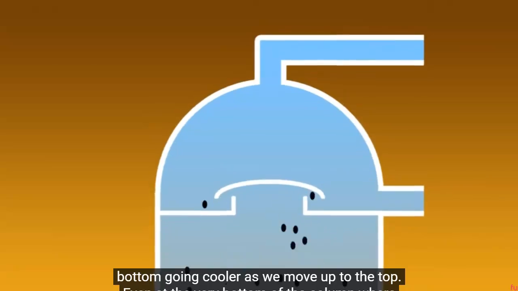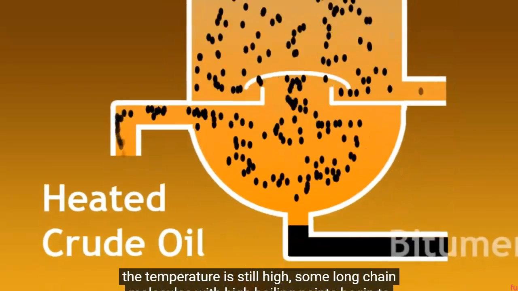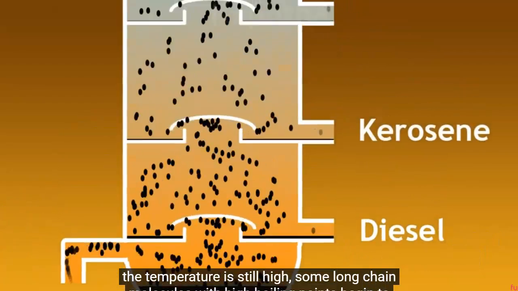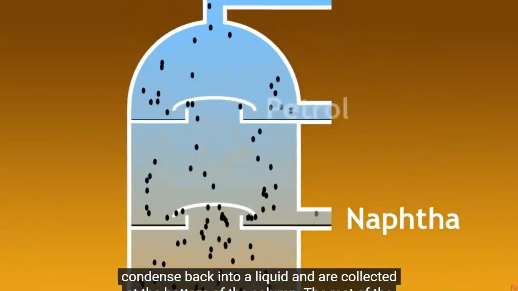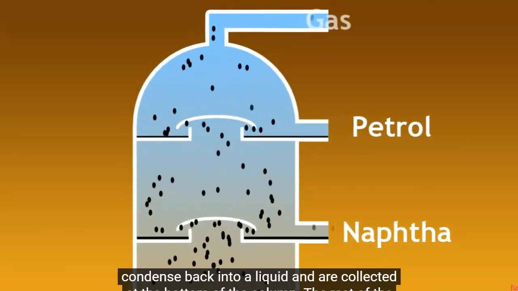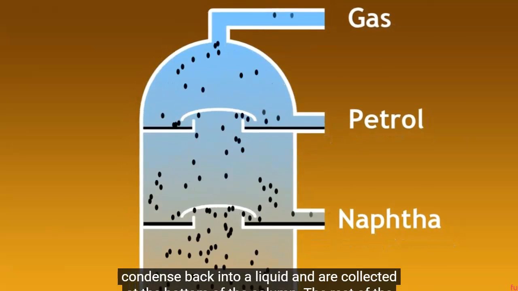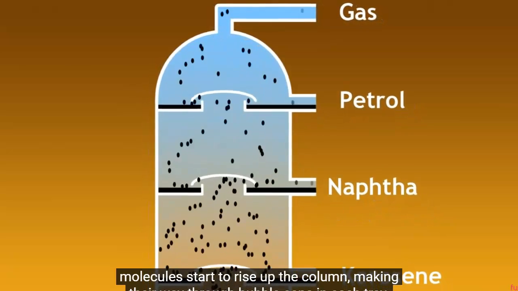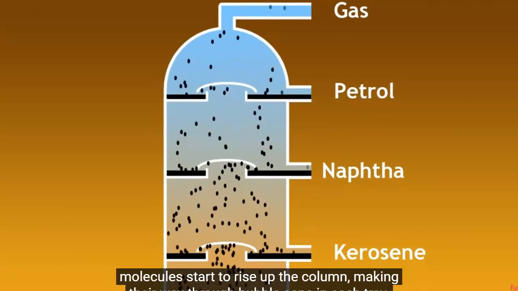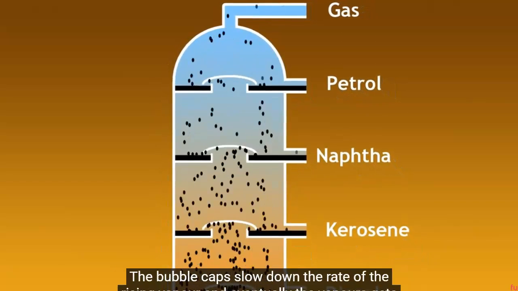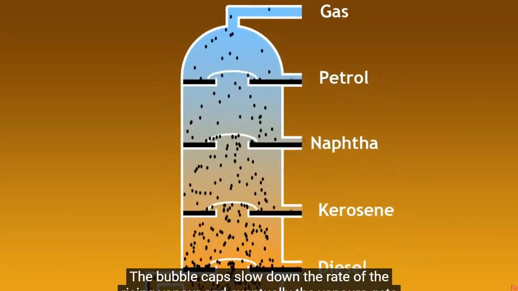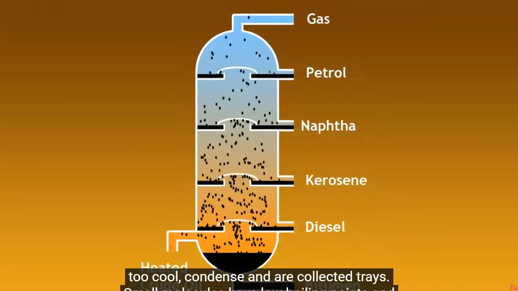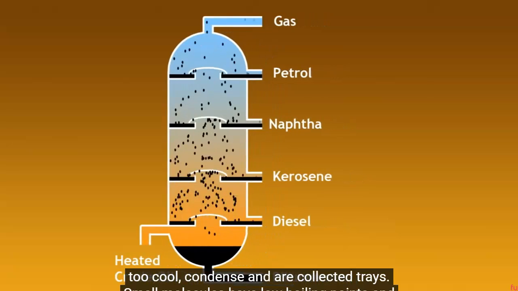Even at the very bottom of the column, where the temperature is still high, some long chain molecules with high boiling points begin to condense back into a liquid. These are collected at the bottom of the column. The rest of the molecules start to rise up the column, making their way through bubble caps in each tray. The bubble caps slow down the rate of the rising vapour, and eventually the vapours get too cool, condense, and are collected as liquids in the trays.